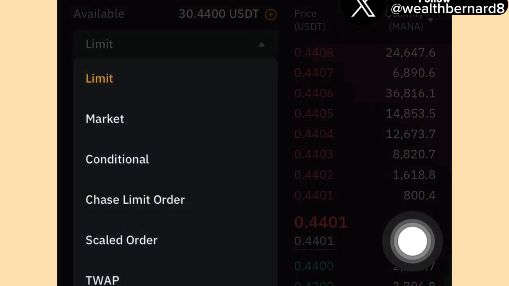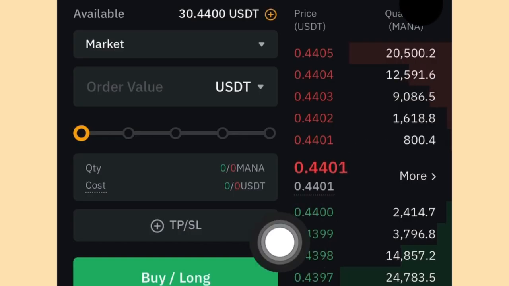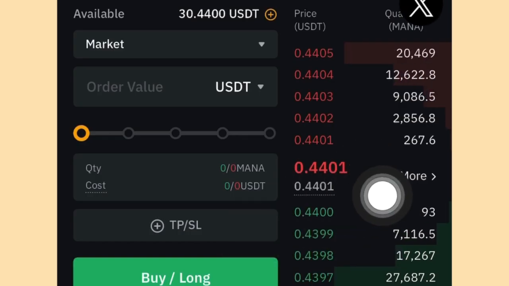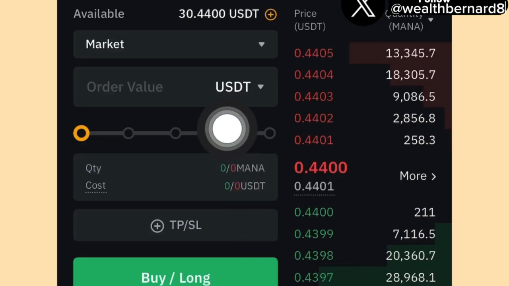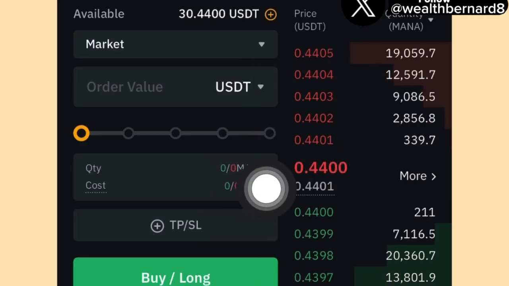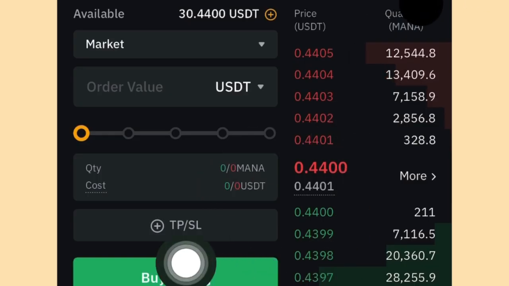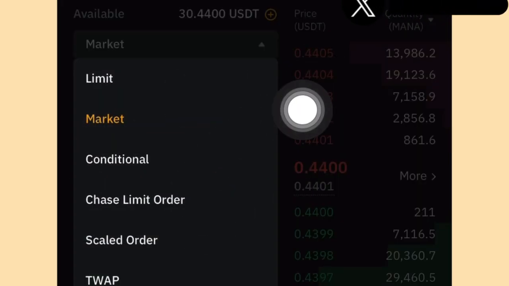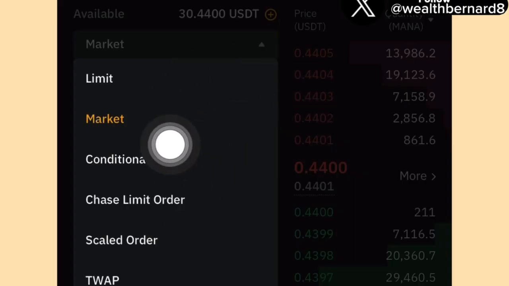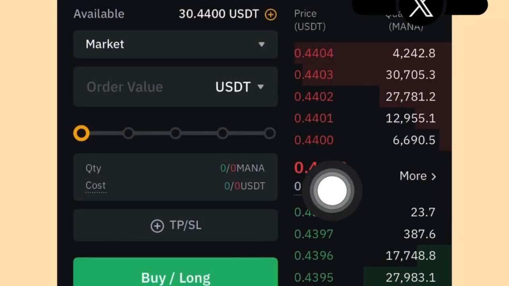With market, you're entering at the exact market price. Let's say this market price is 0.4401. If you want to enter your trade using market, you enter the trade at the market price, and that's what limit and market mean. Maybe you're getting signals from places, and they tell you to enter this trade at maybe 0.43 or 0.32.